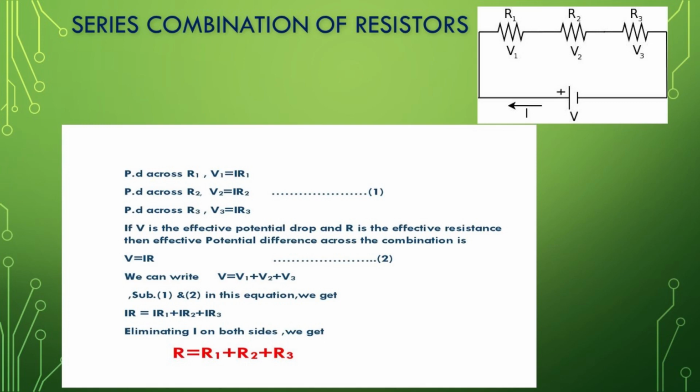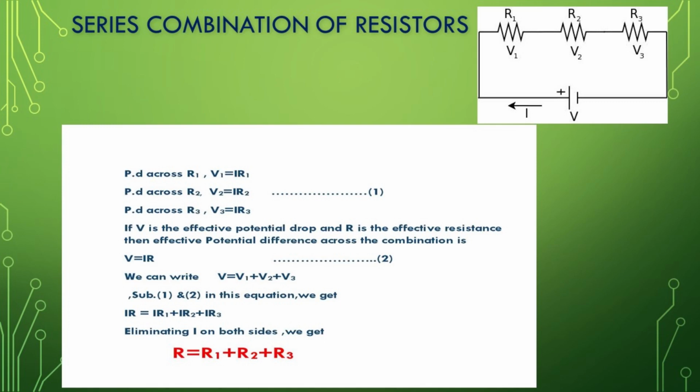V equal to IR. We can write V equal to V1 plus V2 plus V3. Substituting, we get IR is equal to IR1 plus IR2 plus IR3.